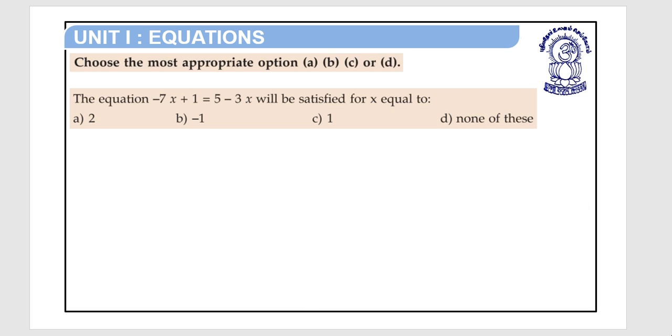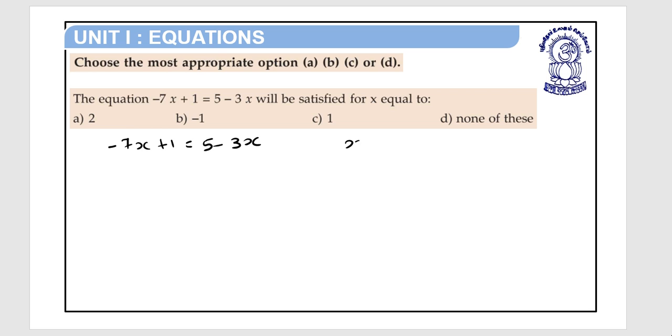Now, choose the most appropriate option A, B, C or D. The equation -7x + 1 = 5 - 3x will be satisfied for x equal to?